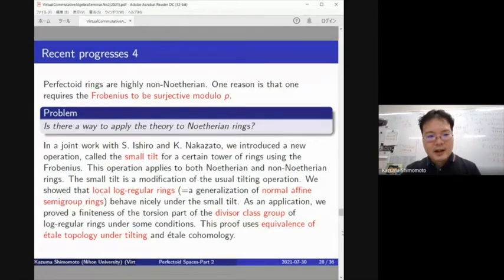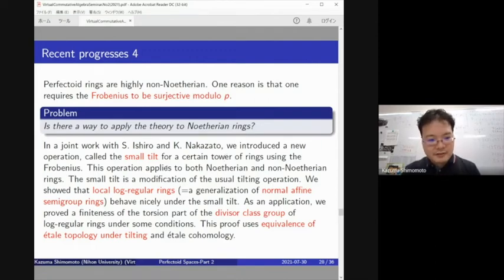Okay, so another recent progress is the following problem. Perfectoid geometry is quite non-Noetherian. It's far from Noetherian, but I want to go back to the Noetherian world. So is there actually a way to apply perfectoid geometry to Noetherian rings? This is also a big question, and I have been wondering what to expect.